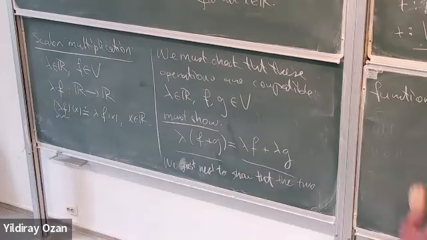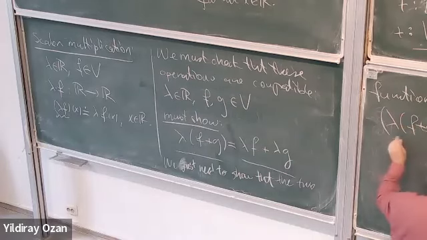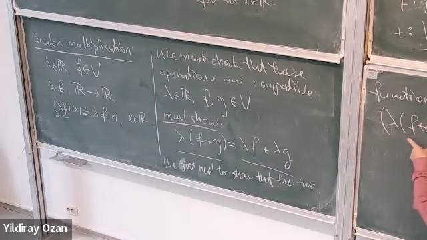So let's do that. Lambda times (f plus g), this function evaluated at any point x. What is the value of this? Well, this is lambda times a function. Lambda times a function at x is, by definition, lambda times the value of this function at x.